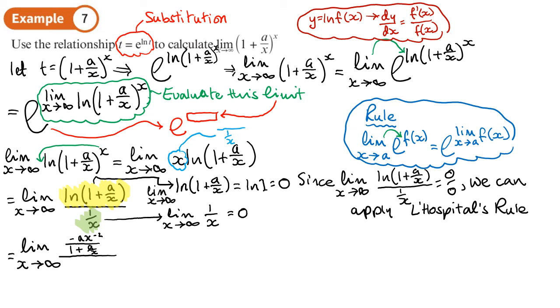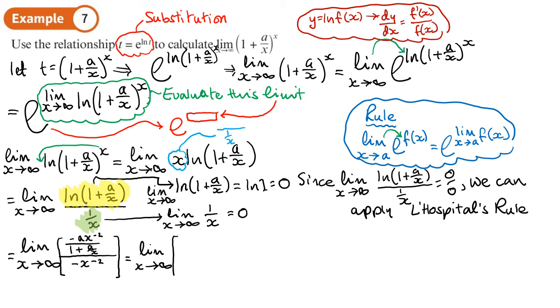And then if we differentiate the bottom, 1 over x differentiated becomes negative x to the minus 2. Now this will cancel down, but it may be more obvious if I write it slightly differently. If I write the top part as negative a over x squared, that might be a bit more helpful.